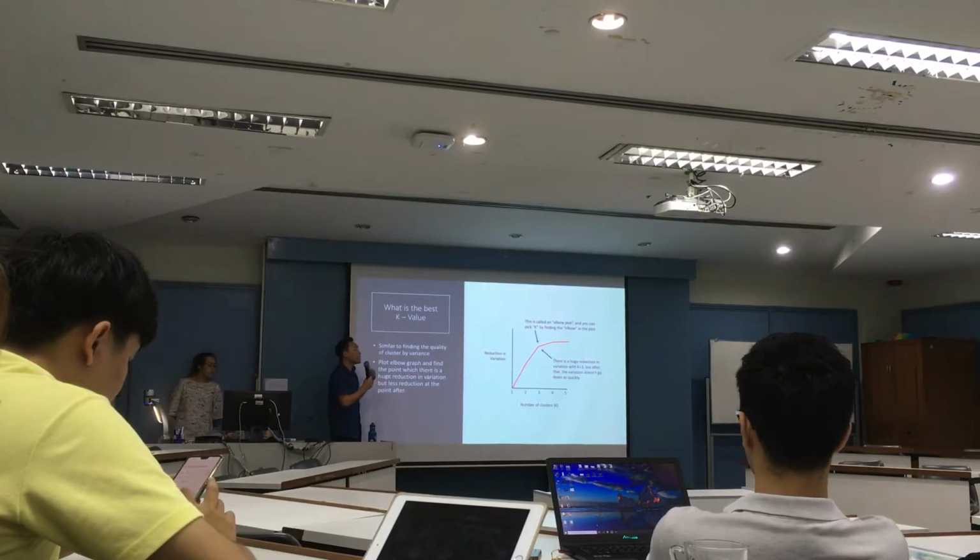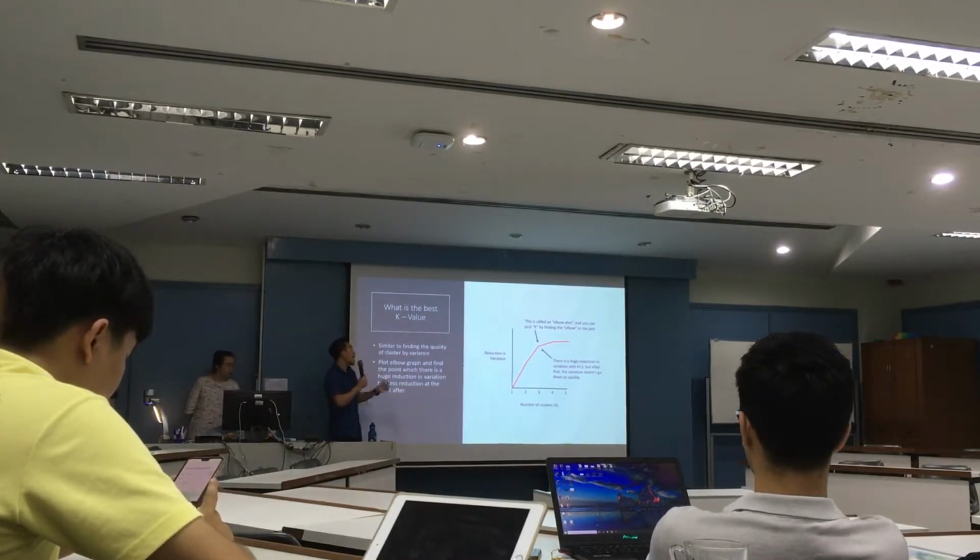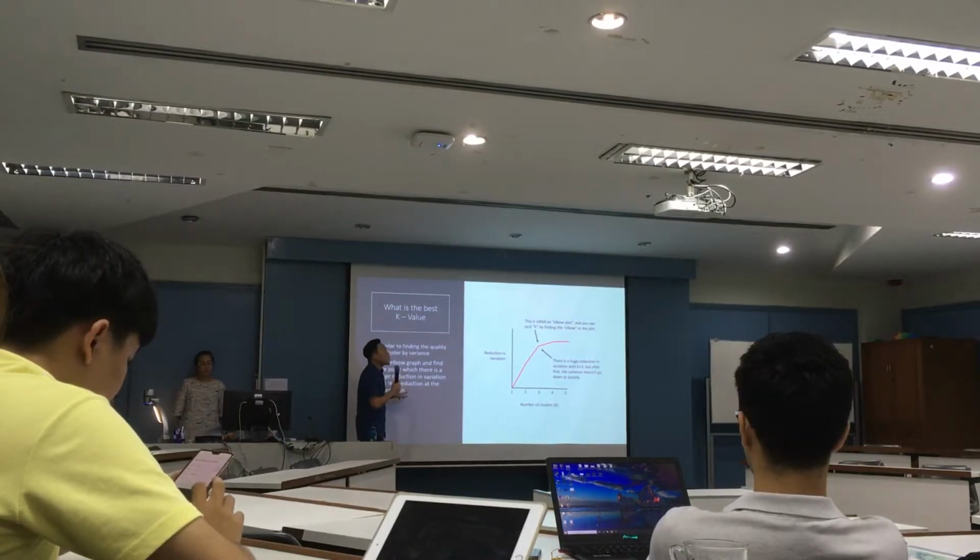And last time I told you what K value we should set up. In this one, we are going to use the variation number to tell us again.